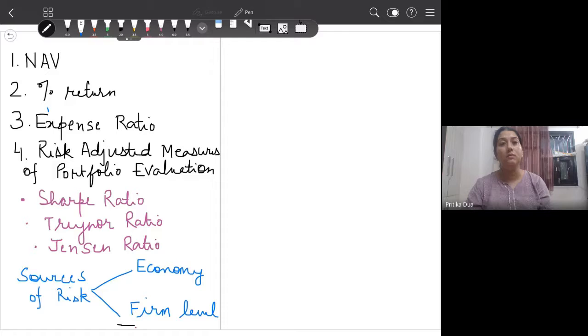So the government might give guidelines as to how the waste disposal should take place for firms, or say the CPCB, which is the Central Pollution Control Board, might release some rules, regulations with respect to pollution control in the industrial firms. Now, such factors will also impact the firms, the economy at the macro level.